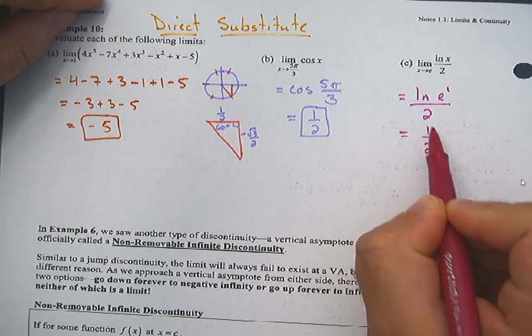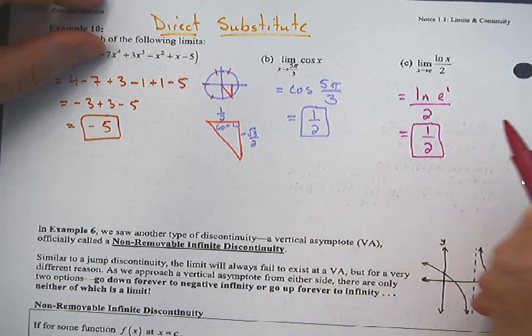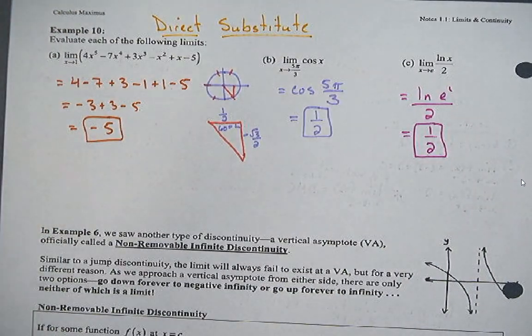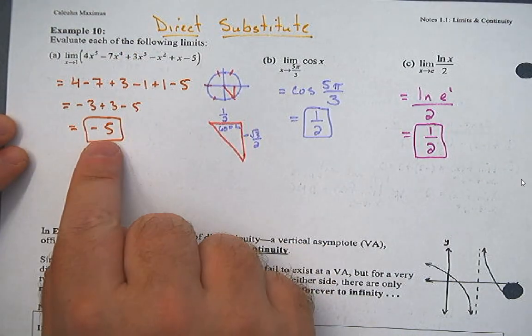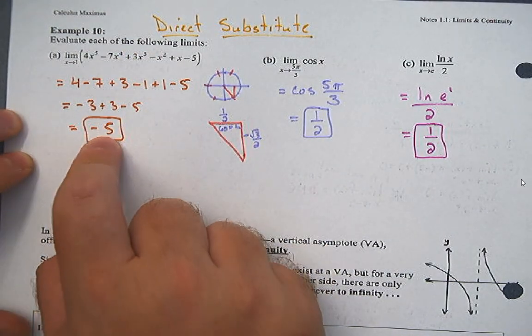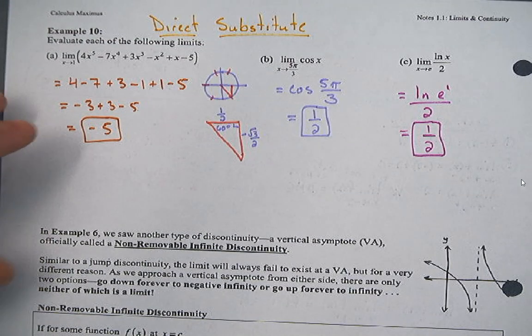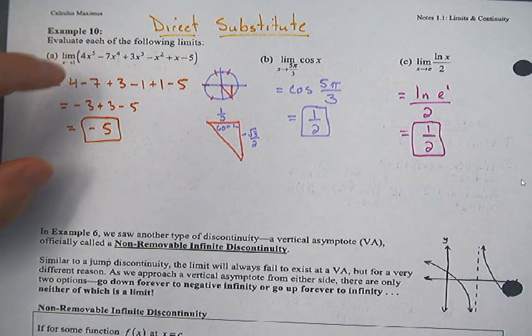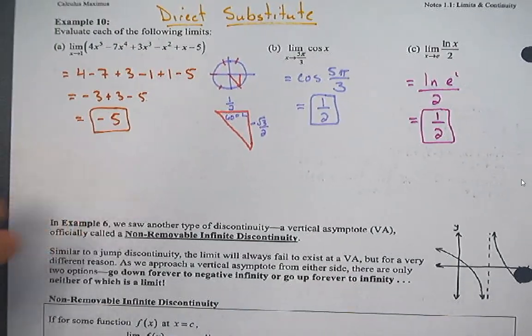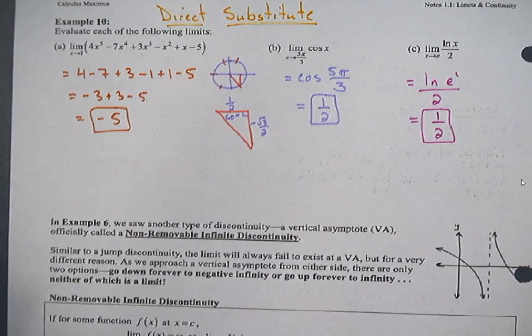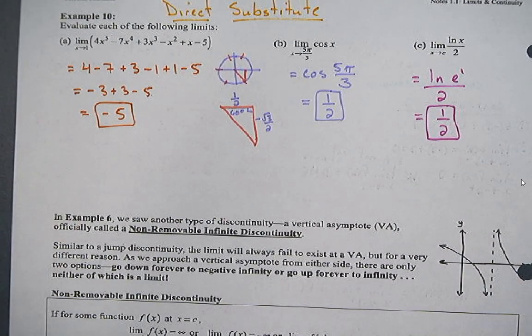And so we're left with 1/2 here as well. So I can tell right away that these are all continuous functions because when I plugged in these x values, direct substitute gave me a value. The only time you're going to get a discontinuous function is when you plug in and you get like 0 over 0 or 5 over 0 or something weird like that.